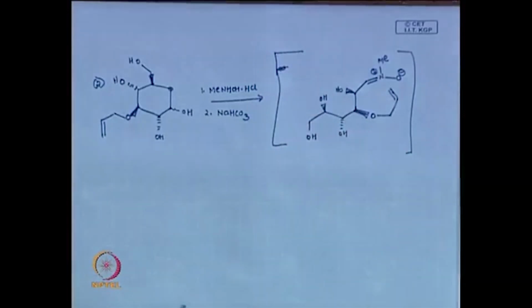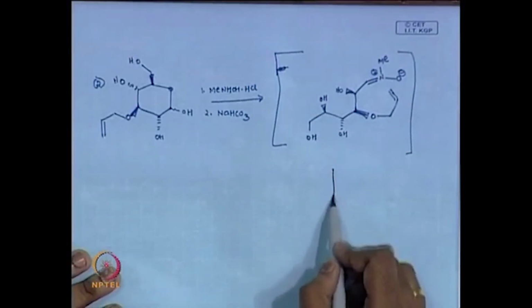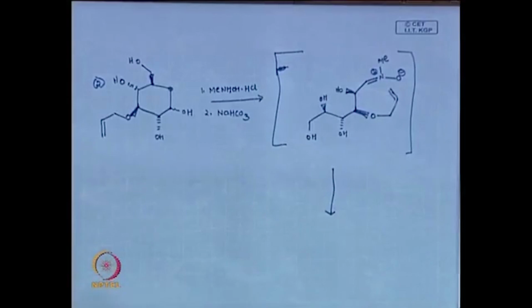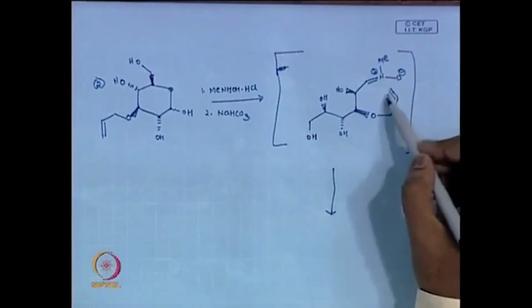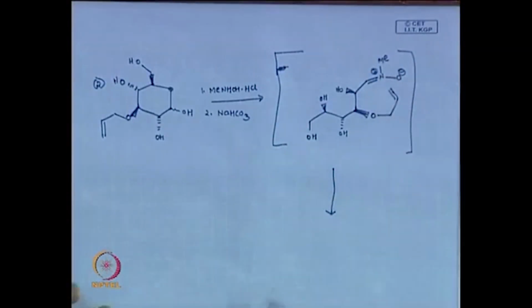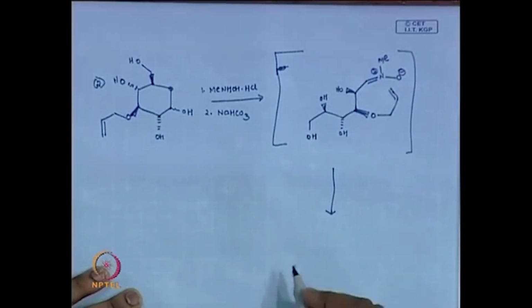So, it breaks down to give you a nice type of intermediate. This can do your intramolecular 1,3 dipolar cycloaddition because you have a nitrone followed by your dipolarophile. So, if it does, then what product do you end up with?